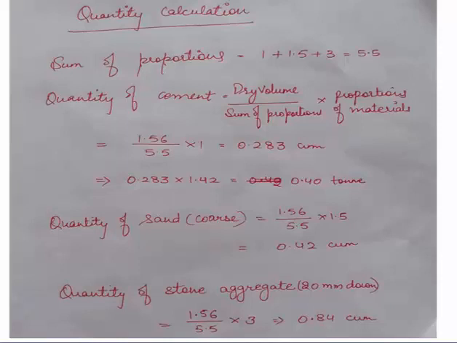So quantity of cement, quantity of sand and stone aggregate will be calculated in the same manner. I'll explain. Quantity of the cement equals dry volume divided by the sum of proportions, multiplied by the proportion of the material. So 1.56 divided by 5.5 into 1, so it will be 0.283 cubic meter. Now we are converting this into tons, so it will be 0.40 ton.